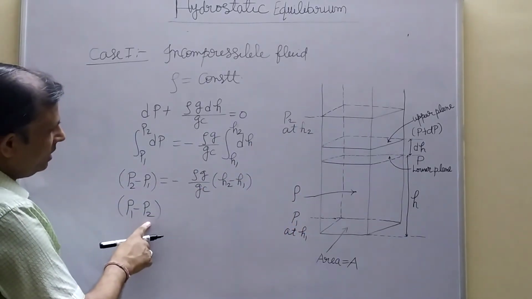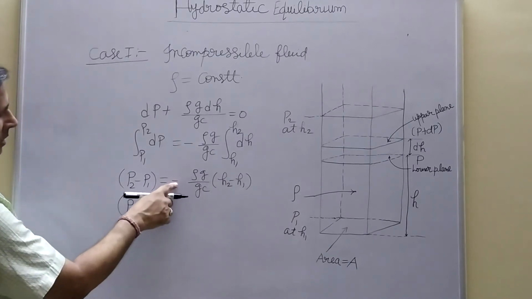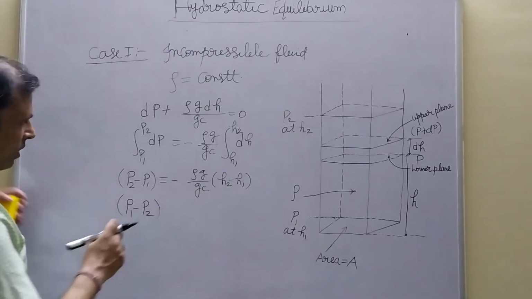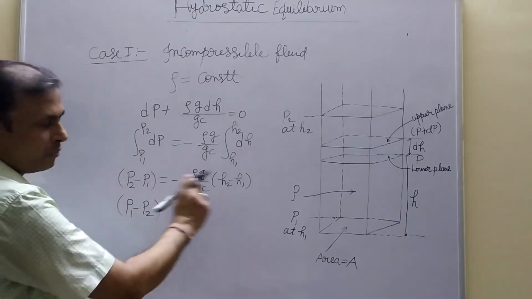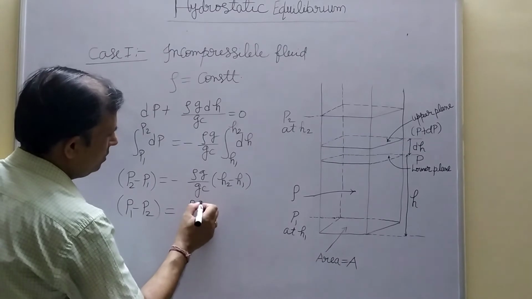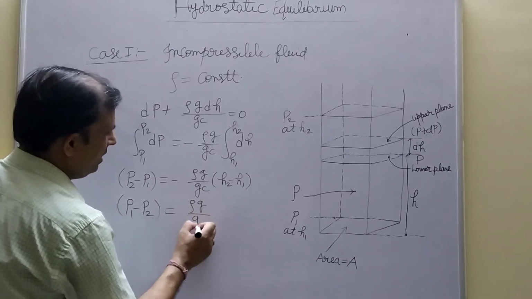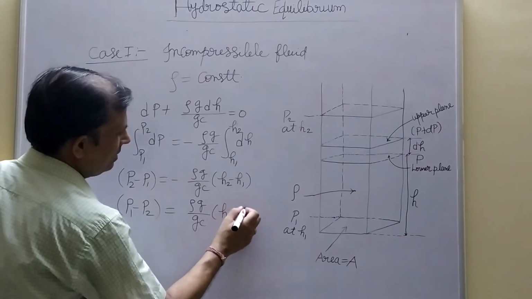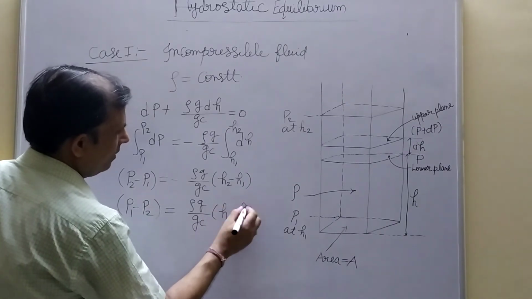So we are removing this sign, multiplying the negative sign through the whole equation. It will give rho g by gc times (h2 minus h1).